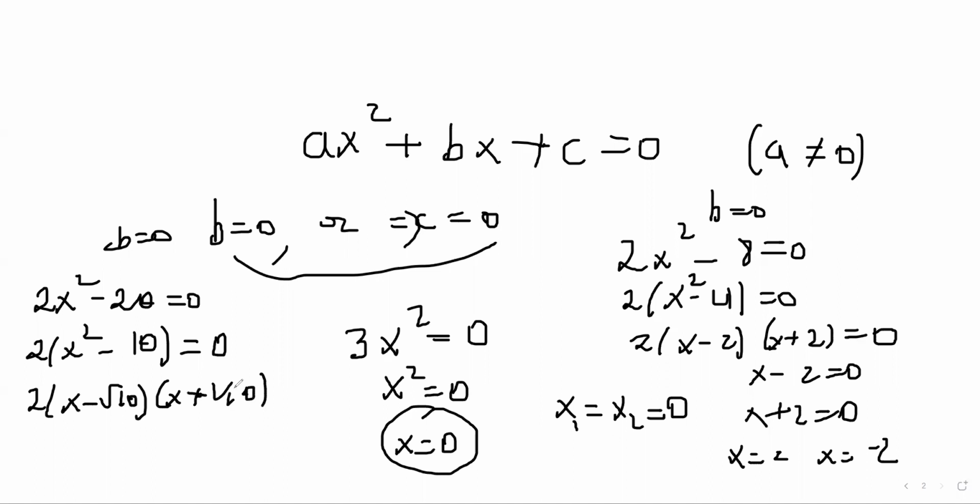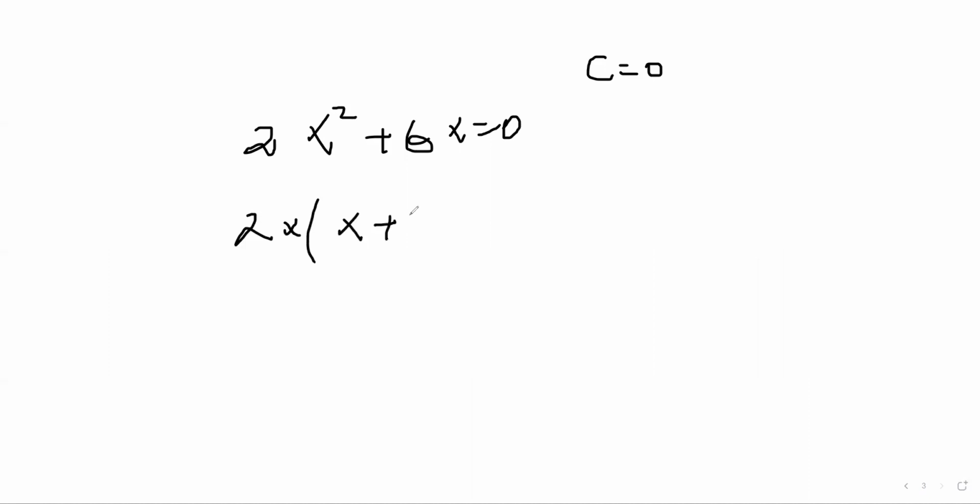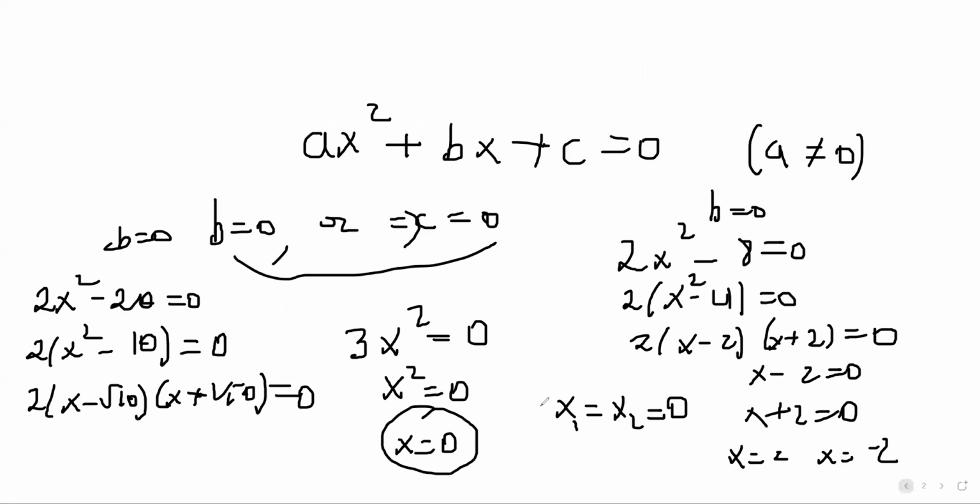This is also the continuation of the factorization topic. Also, last time we mentioned such an equation, 2x squared plus 6x equals 0. This is the c equals 0 case. When we factor out 2x, we get 2x times (x plus 3) equals 0. Obviously, here x equals 0 and x equals negative 3. So for the incomplete case, we considered all possible incomplete equations.